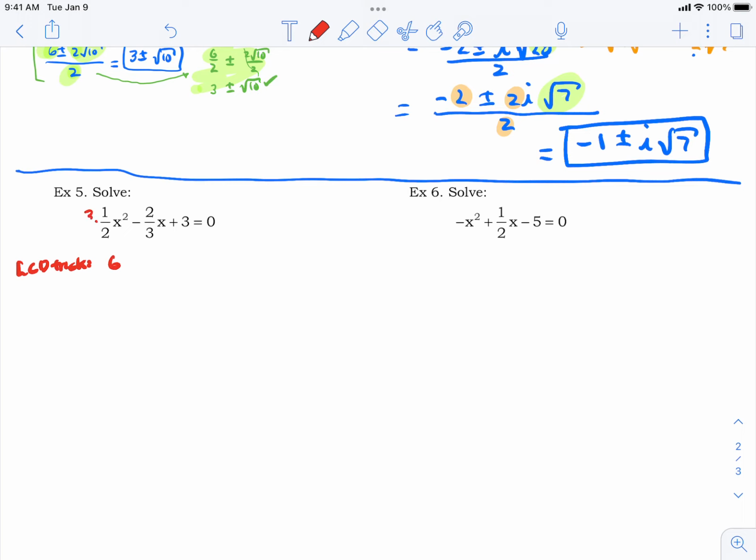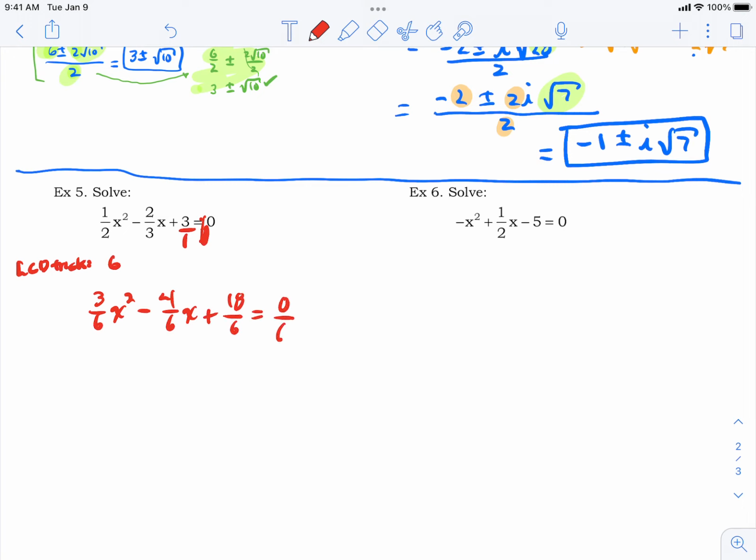Here I'll have to multiply by 3 over 3, top and bottom, to make that into a 3x squared over 6. Here I'll have to multiply by 2, top and bottom, to make that a 4x over 6. And then here, if I think of that as 3 over 1, I'm going to multiply top and bottom by 6 and get an 18 over 6.